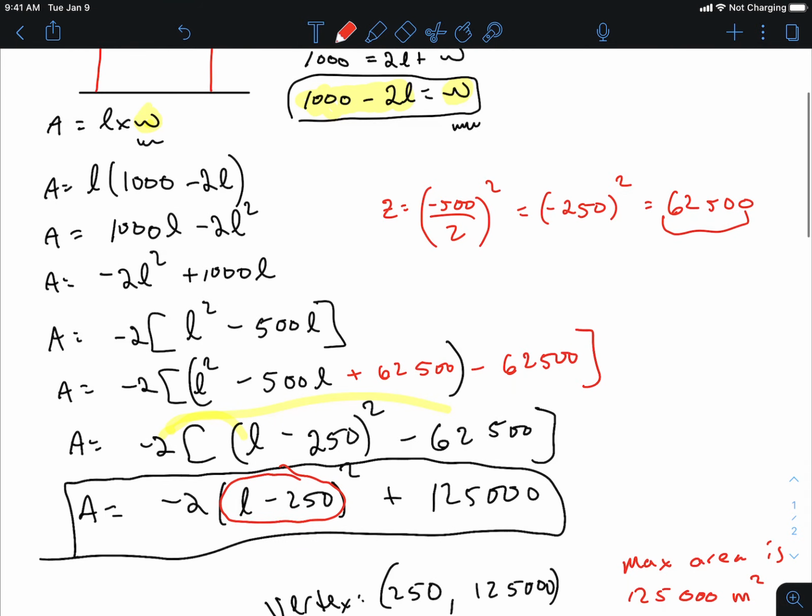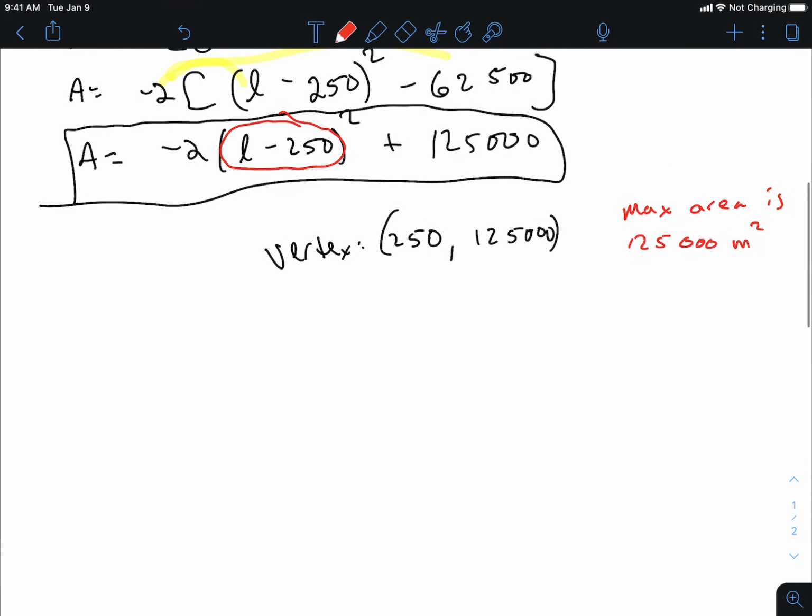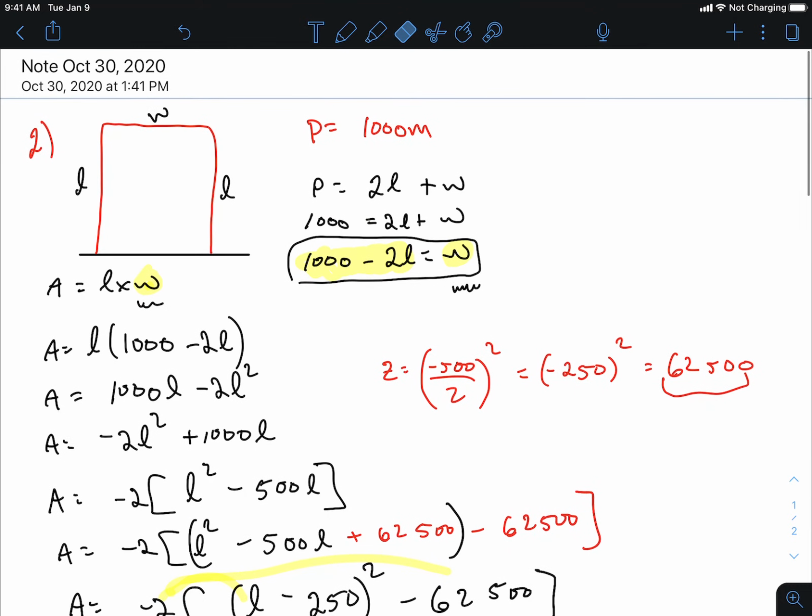L equals 250 because it's a vertex. Here's L. When L equals 250, that's fine and dandy. But it asks for both dimensions. What's the width? How do I find the width?